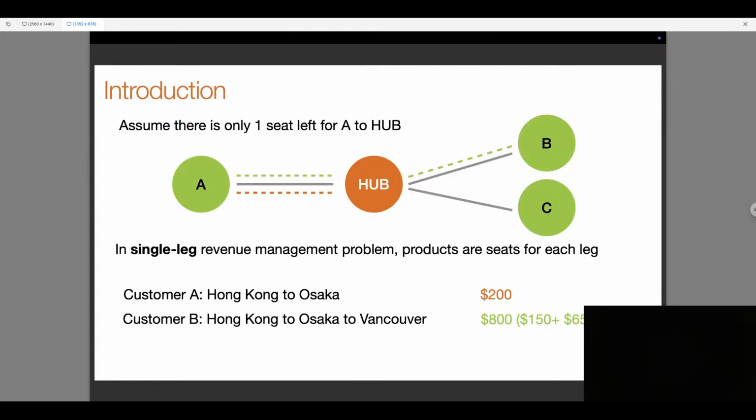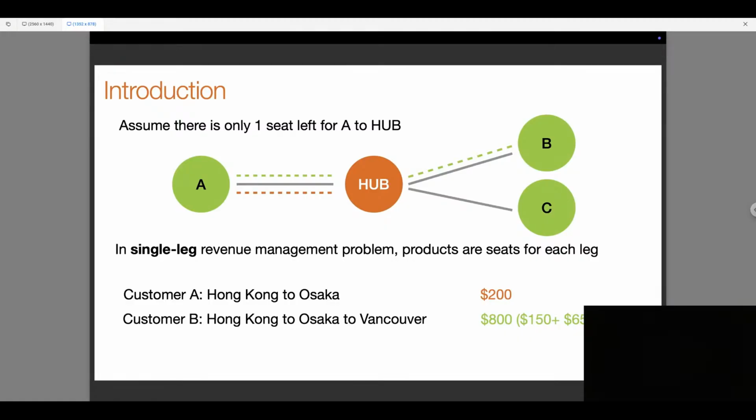Customer A wants to go from Hong Kong to Osaka, that is from A to hop, and the price for this flight is $200, and customer B wants to go from Hong Kong to Osaka, and finally get to Vancouver, and the price for these flights is $800.